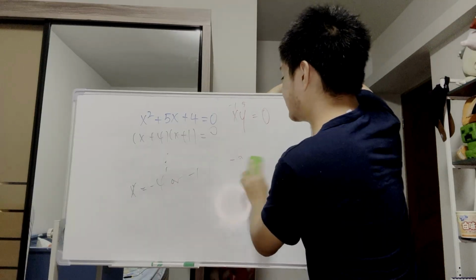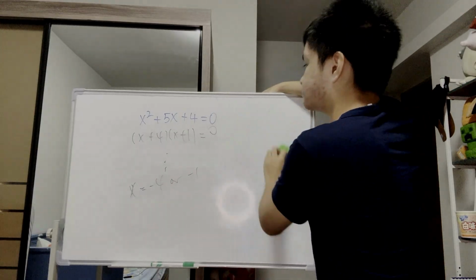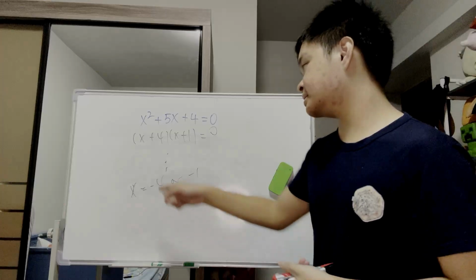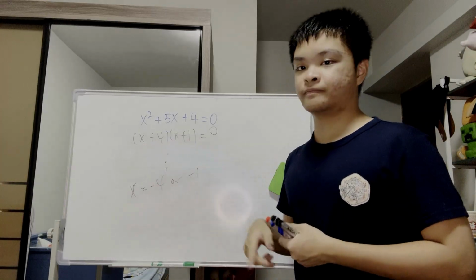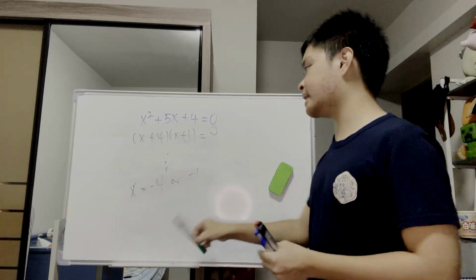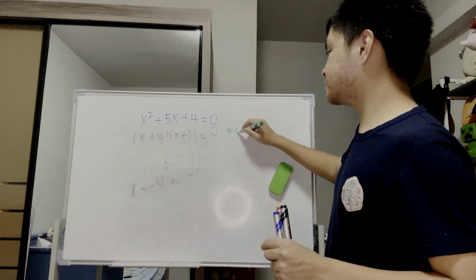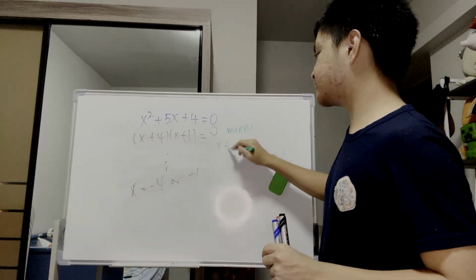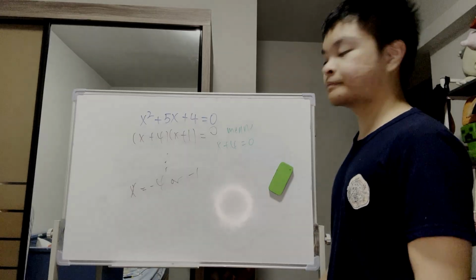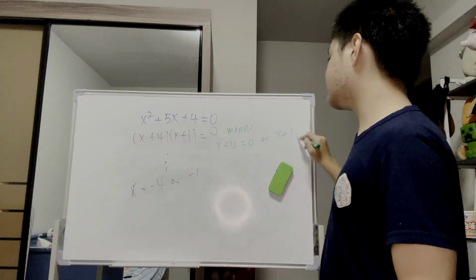So that is called the zero product rule. So if we apply the facts to this case, x plus 4, x plus 1, if this is equal to 0, this means x plus 4 equals to 0 or x plus 1 equals to 0.